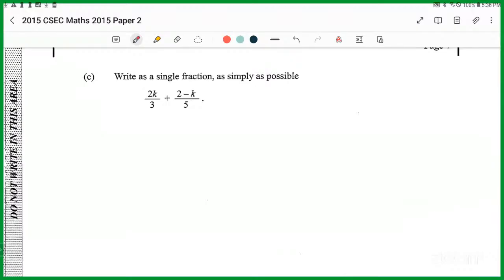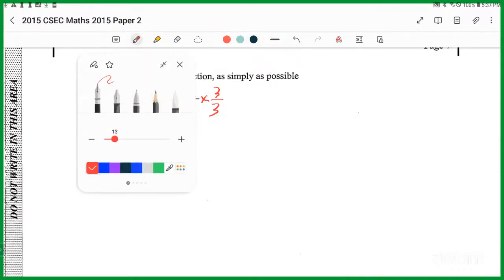So I'm going to multiply this fraction, numerator and denominator, by this denominator. So this is 5 over 5. And multiply this fraction by 3 over 3 to get the two denominators to be the same.